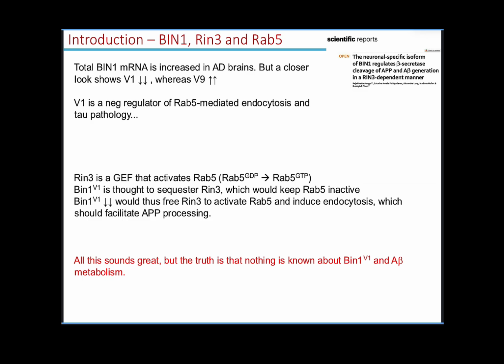But when you start looking a little more closely into the relative amounts of the different isoforms throughout AD progression, what studies have shown is that the expression of V1 decreases, whereas the expression of V9 increases significantly.